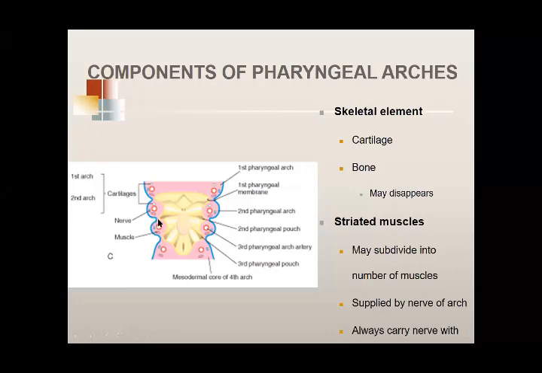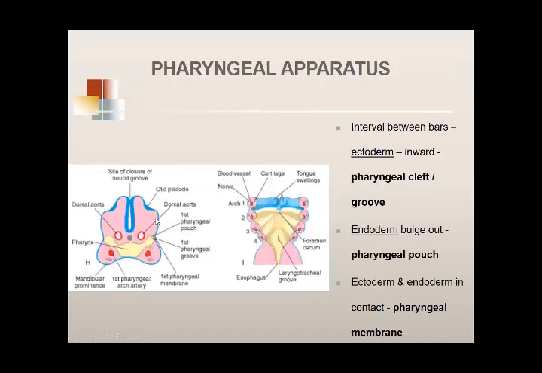This structure together makes up the pharyngeal membrane. ये देख लीजिए, ये आपका ओरिजिनल था. Ectoderm of the groove, endoderm of the pouch with very little mesenchyme in between. This structure is the pharyngeal membrane.